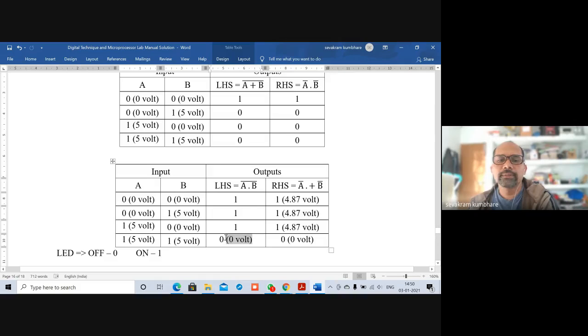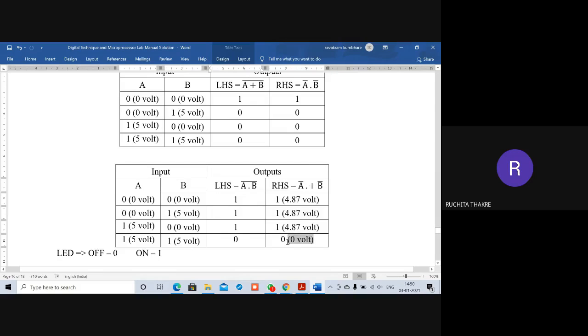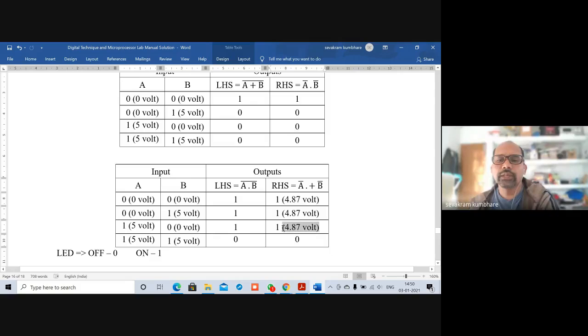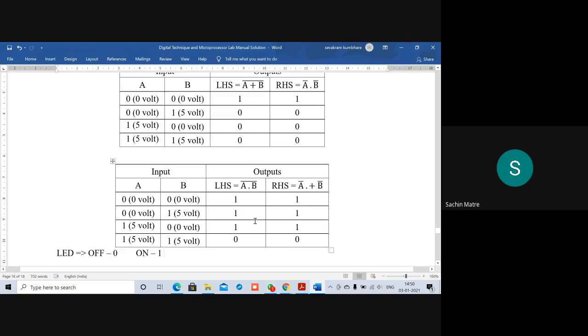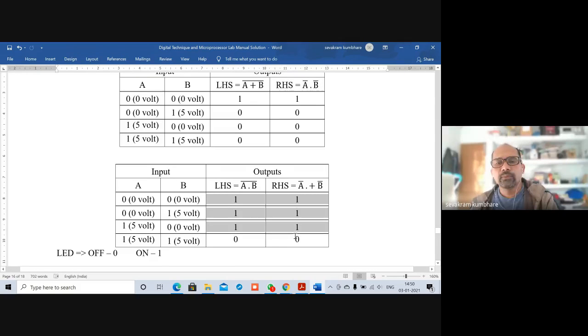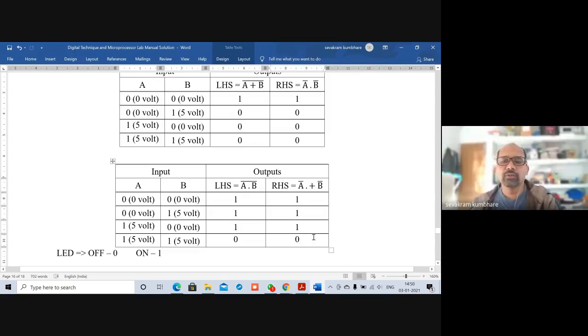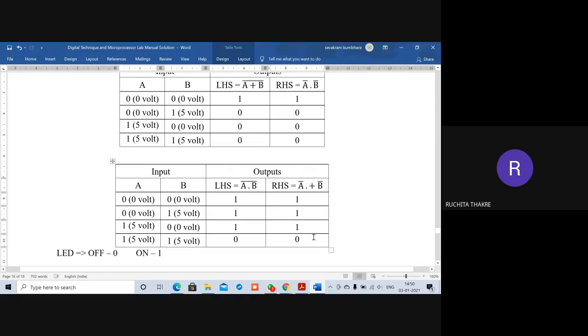Got it? Yes, sir. So if you don't write this also, doesn't matter. That is just for our identification purpose. Check verify. Okay, now if you observe LHS is equals to RHS, it means second theorem, De Morgan's theorem is also true. Yes or no? Yes, sir.